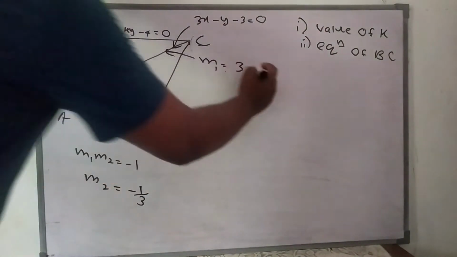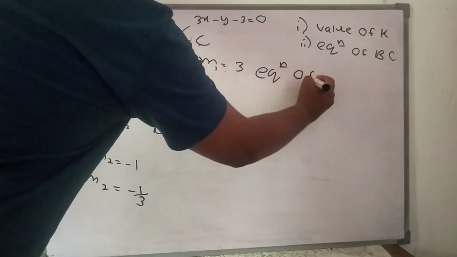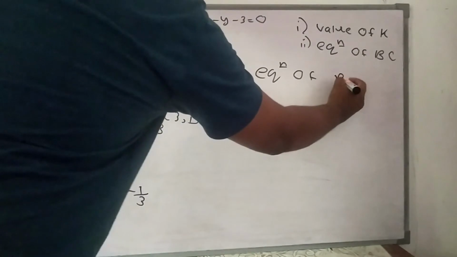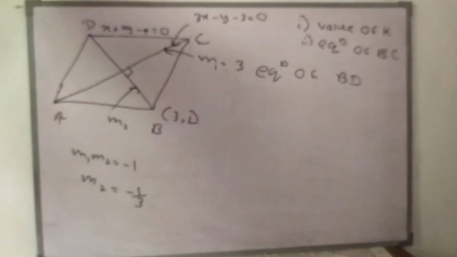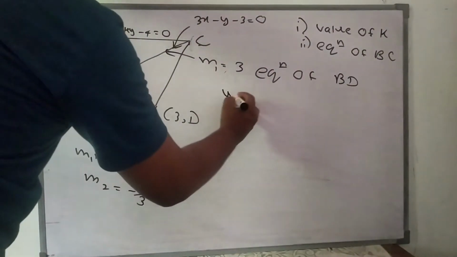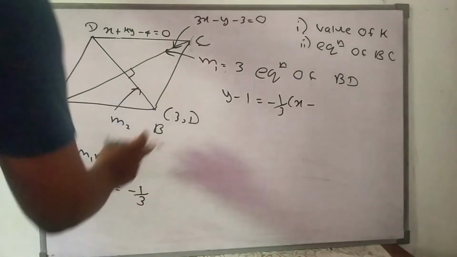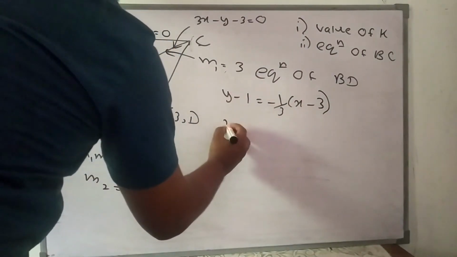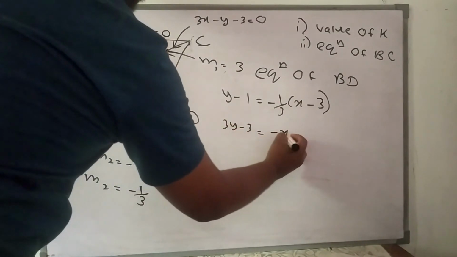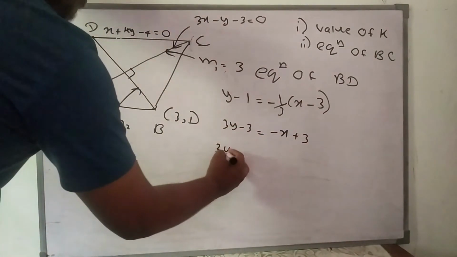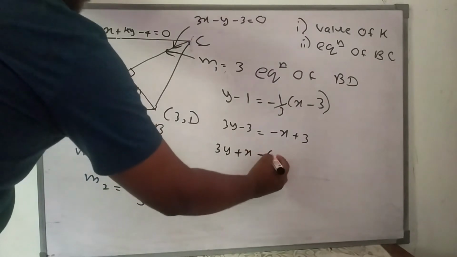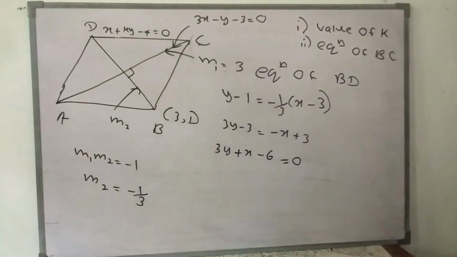Then equation of BD: y minus 1 equal minus 1 over 3, x minus x coordinate, which is 3. 3y minus 3 equals minus x plus 3. 3y plus x equals 6.